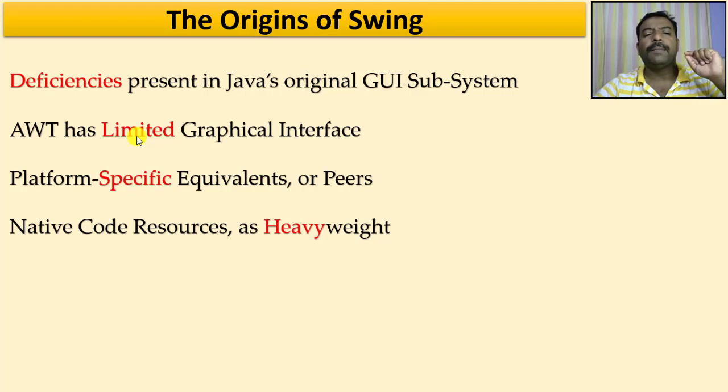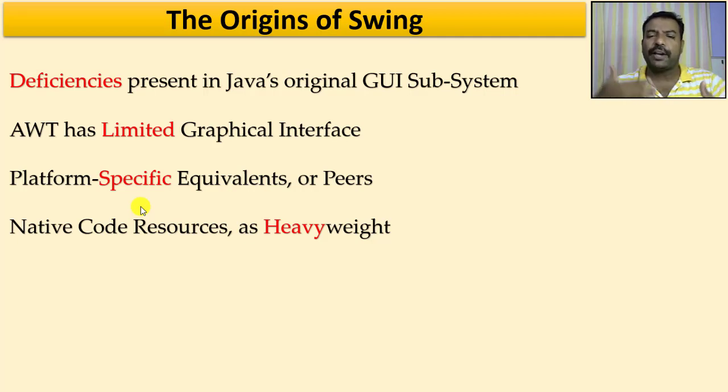Out of those, the major reason is that the AWT, whatever we had used to create GUI, is platform specific. It depends upon the platform. If I am using Windows, I need to deal with the window management of Windows. If it is Linux, I need to deal with the window management of Linux.